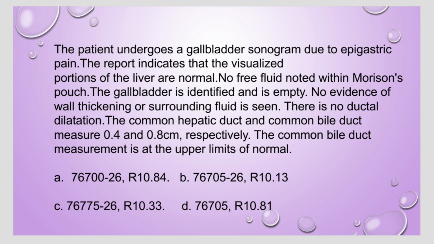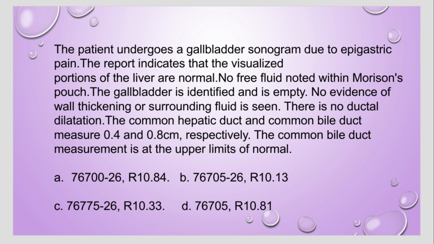No evidence of wall thickening or surrounding fluid is seen. There is no ductal dilation. The common hepatic duct and common bile duct measures 0.4 and 0.8 cm respectively. The common bile duct measurement is at the upper limits of normal.